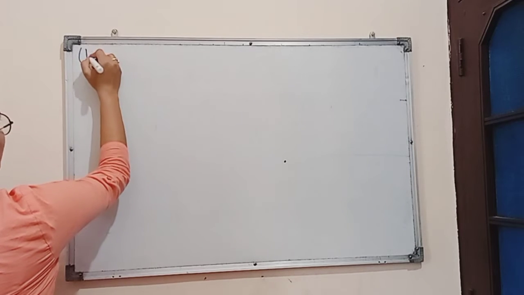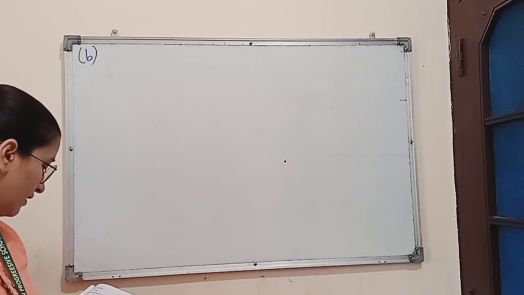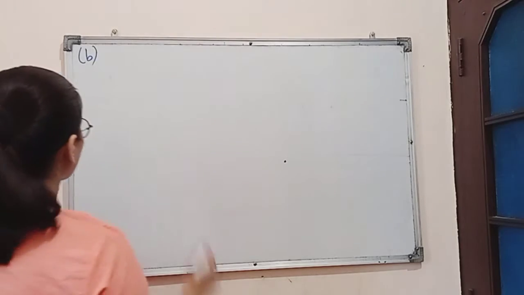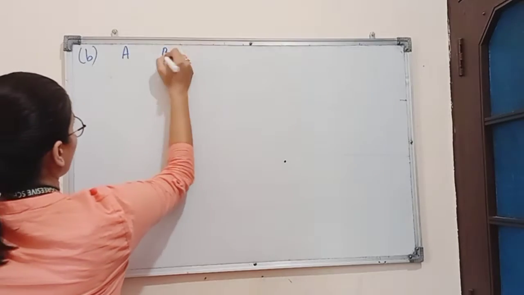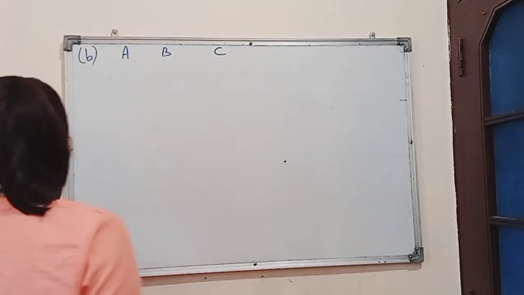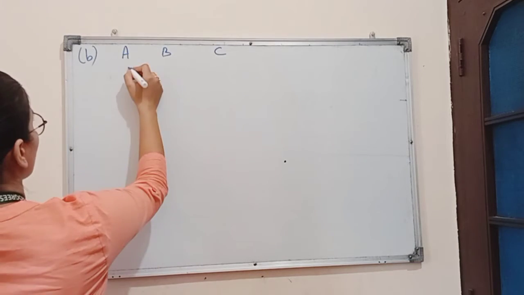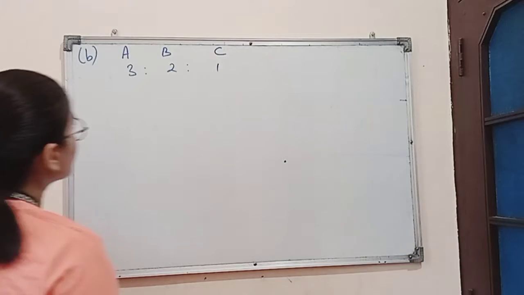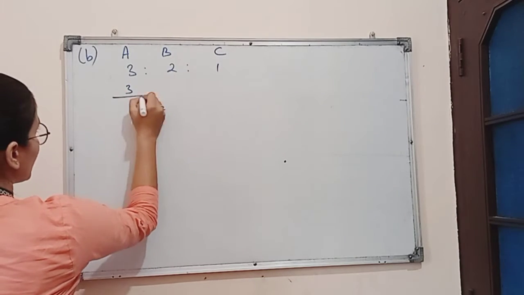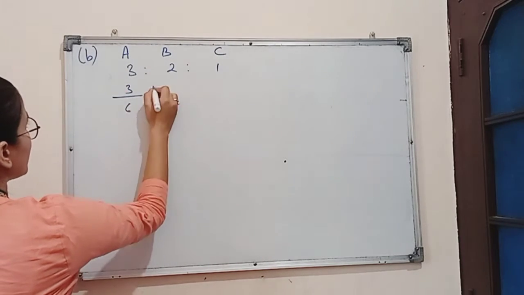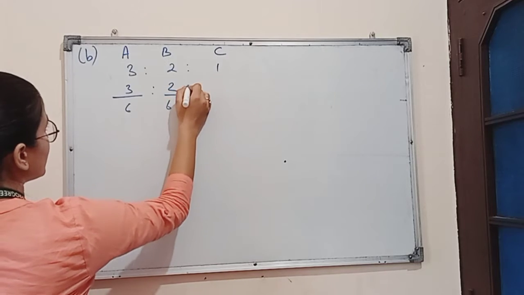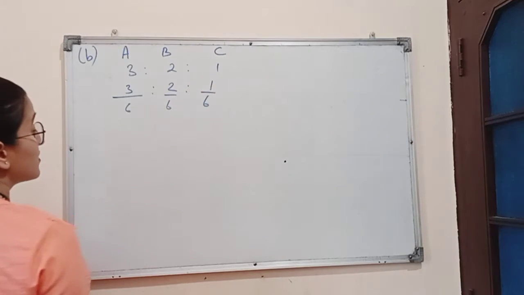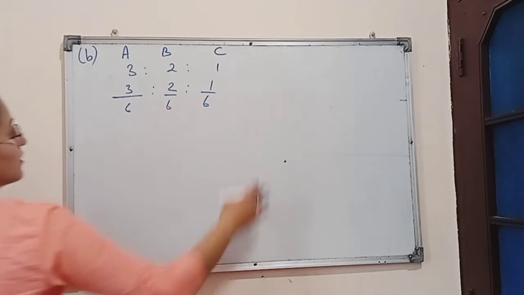Now in part 2 of question number 1, A, B and C are partners sharing profits in the ratio 3:2:1. So this means A will have a share of 3 by 6, B 2 by 6 and C 1 by 6.